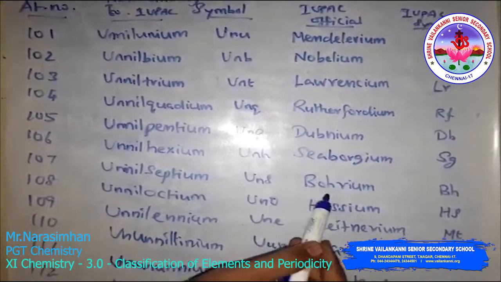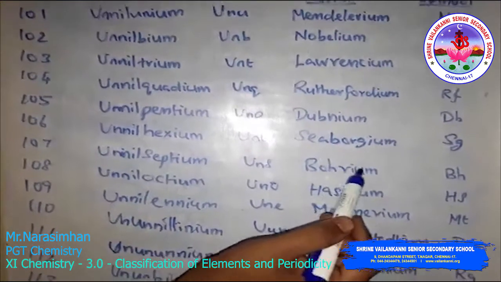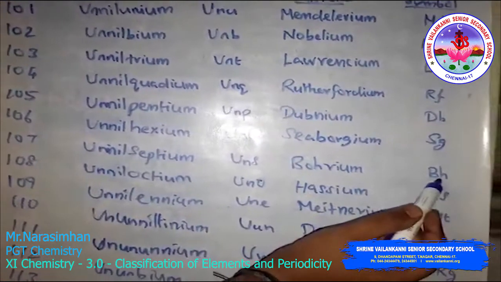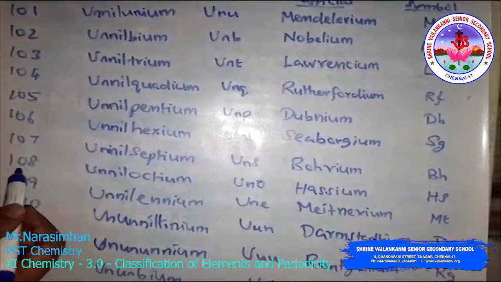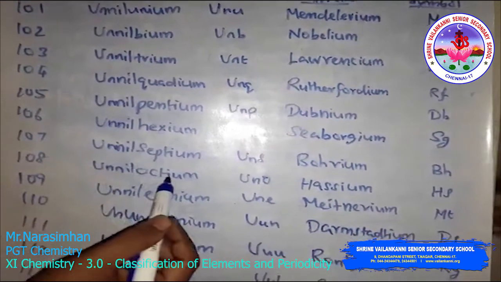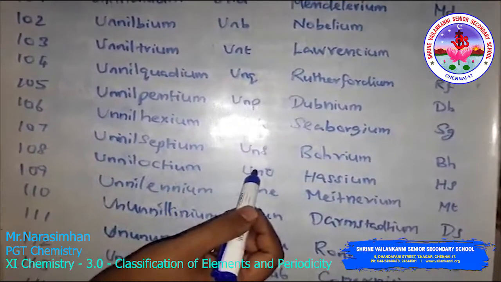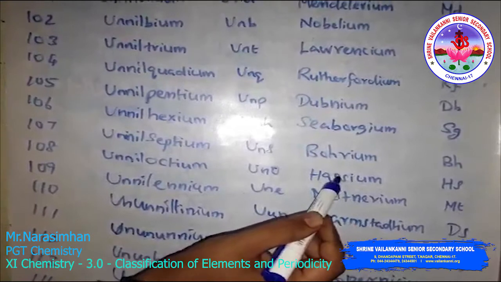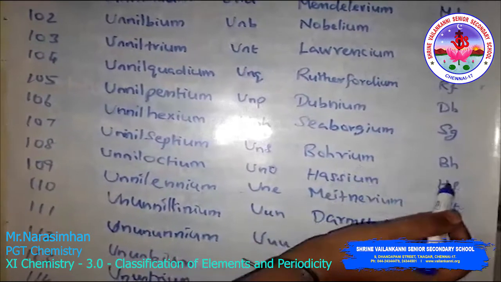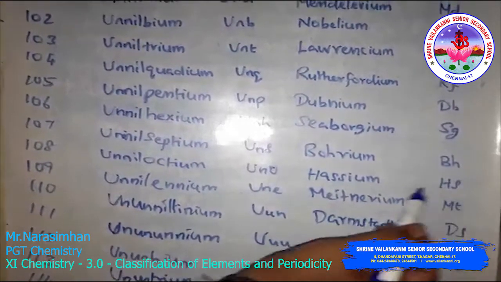The official IUPAC name is Bohrium, the symbol is Bh. Atomic number 108, Unniloctium, the symbol is Uno. The IUPAC name of the element is Hassium, symbol is Hs.